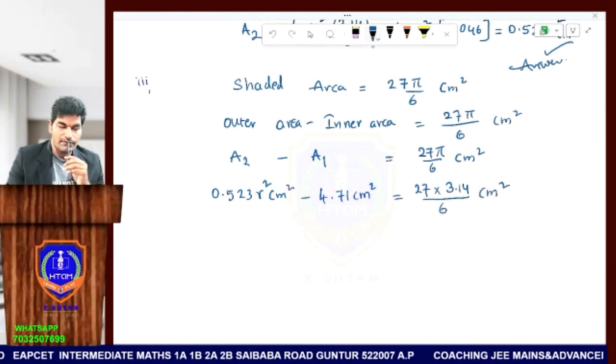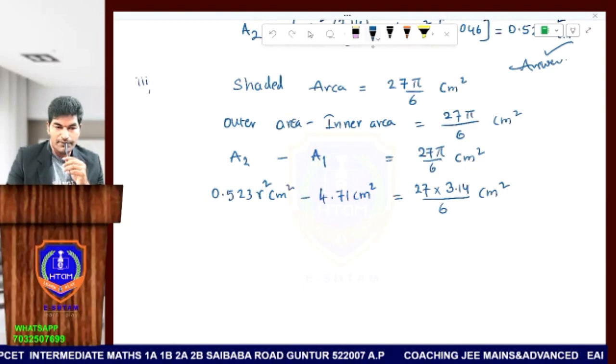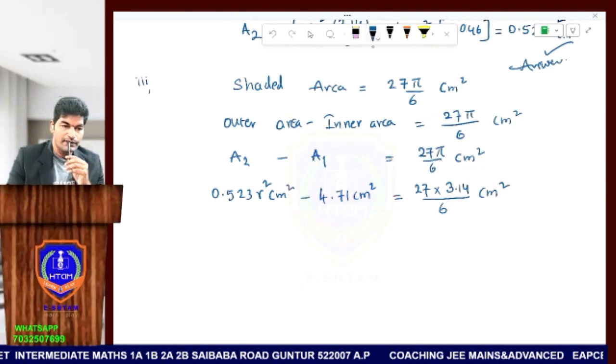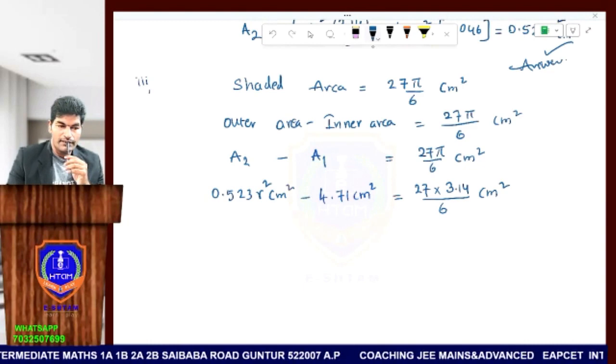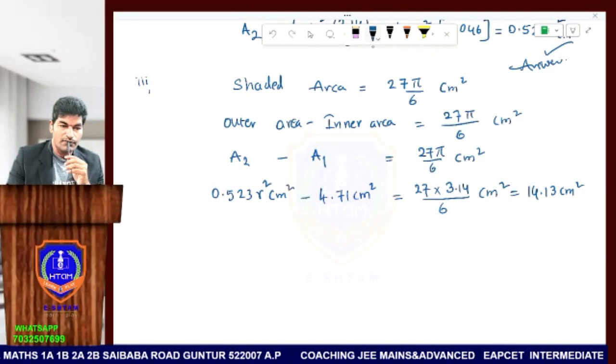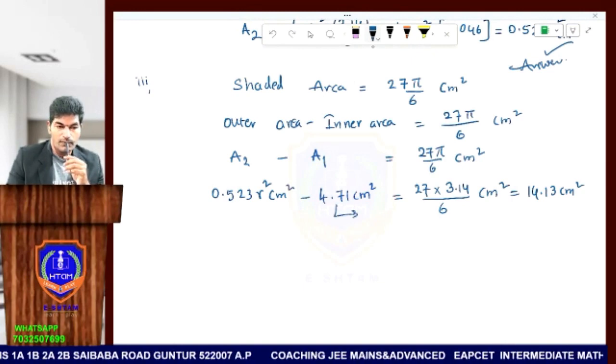I want the numerical value of 27 into 3.14 divided by 6. And here we are going to calculate 14.13 centimeter square.